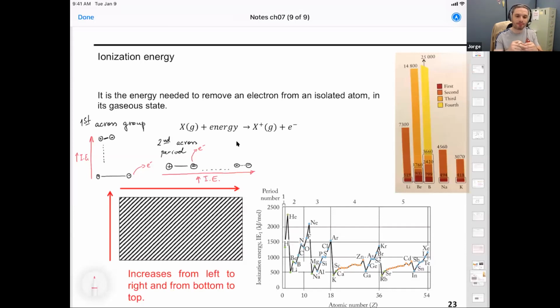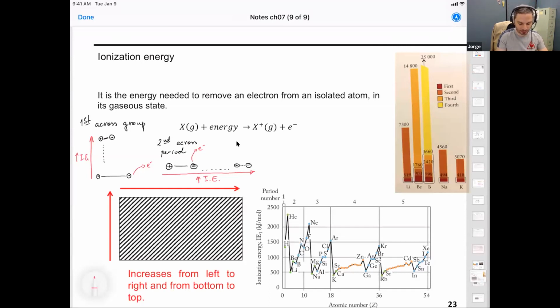Okay, it's much easier to pop out the electron from larger elements than the small, tight elements. Therefore, ionization energy increases from left to right and from bottom all the way to the top.